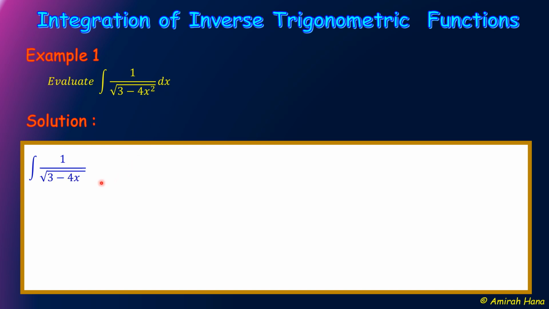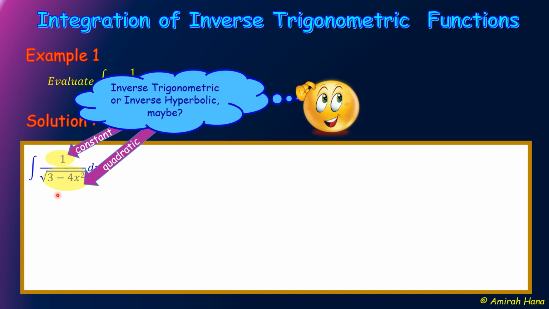From the given question, the numerator is a constant and the denominator inside the square root symbol is quadratic. This means the answer can be either an inverse trigo function or an inverse hyperbolic function. We will discuss inverse hyperbolic functions later in chapter 2.